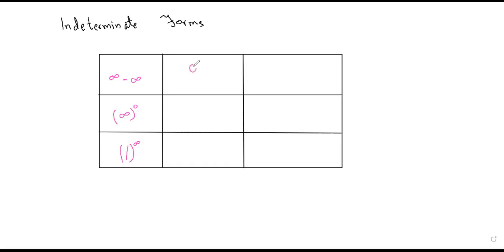Then if you are coming across 0 by 0, that is also indeterminate. 0 power infinity. Then if you have 0 multiplied by infinity, then if you have infinity over infinity, then if you have 0 power 0, and then the last one is infinity multiplied by infinity.